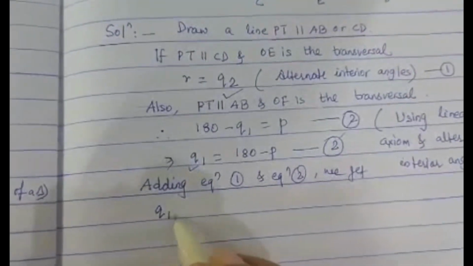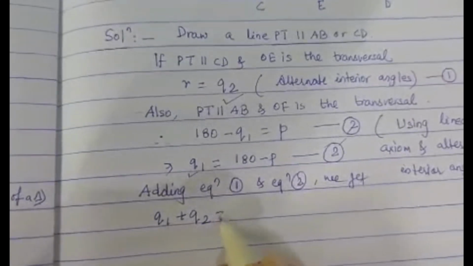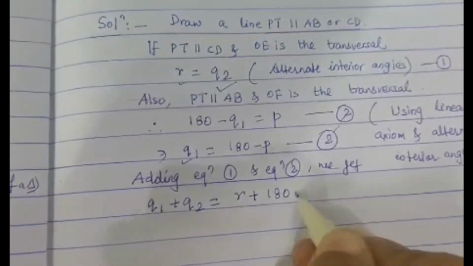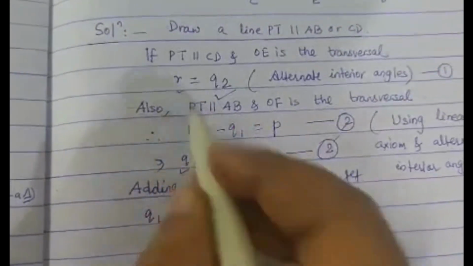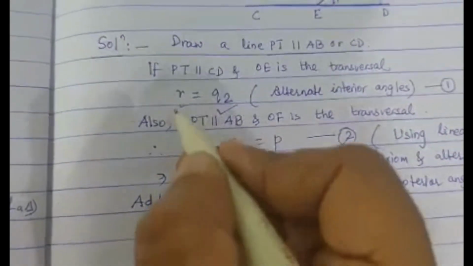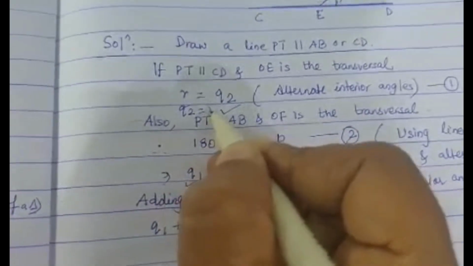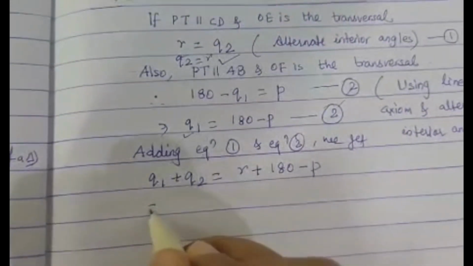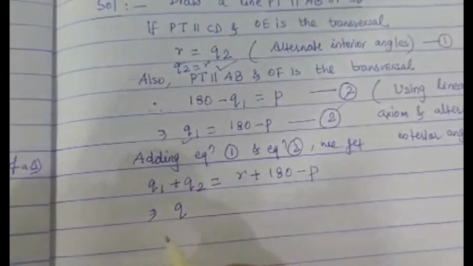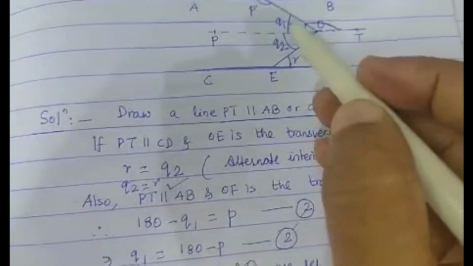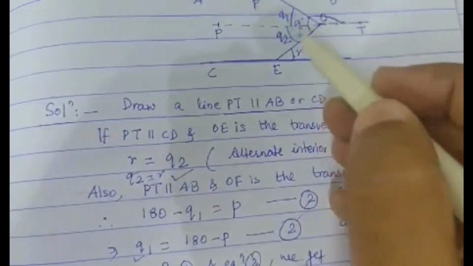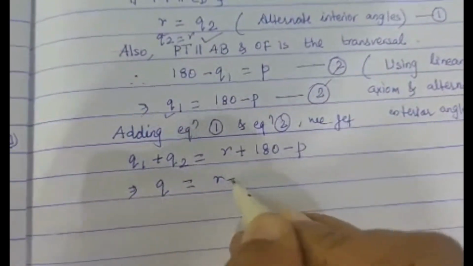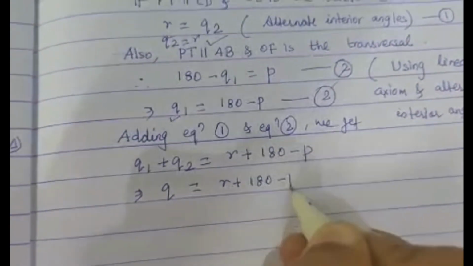So Q1 plus Q2 is equal to R plus 180 minus P. We have taken Q2 equal to R, and then adding, Q1 plus Q2 equal to R plus 180 minus P. Now Q1 plus Q2 equals Q, because we assumed Q1 and Q2, which we have been given. So Q is equal to R plus 180 minus P.